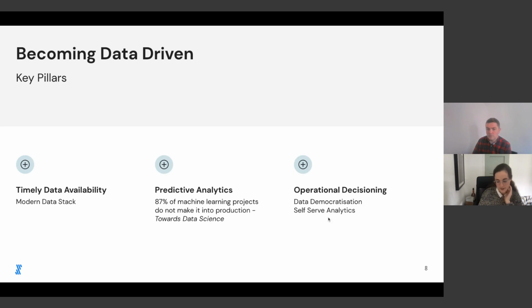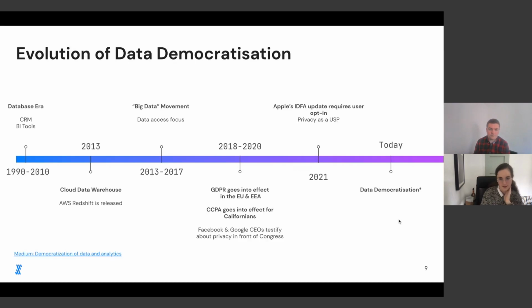The other phrase you'll hear a lot is self-serve analytics, and I think the two go hand in hand, so let's double click into that a bit more. We talked about why data democratization exists. I think it exists for many reasons, and I do believe it is driven a lot by the movement to be data driven, but I thought it would be interesting to look at the evolution of it.